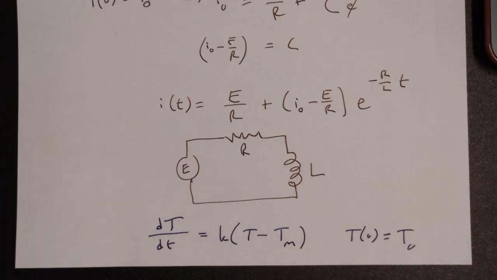So what this says is that the change in temperature of an object is proportional to the difference in temperature between the object and the surrounding medium. And the starting temperature is some number.